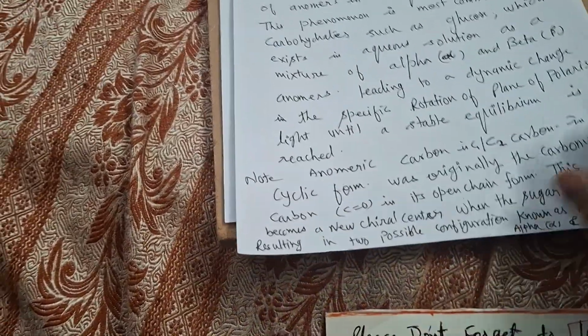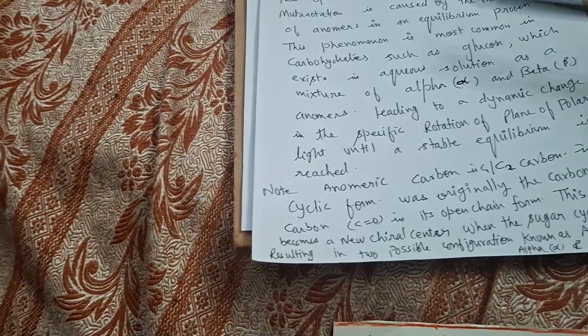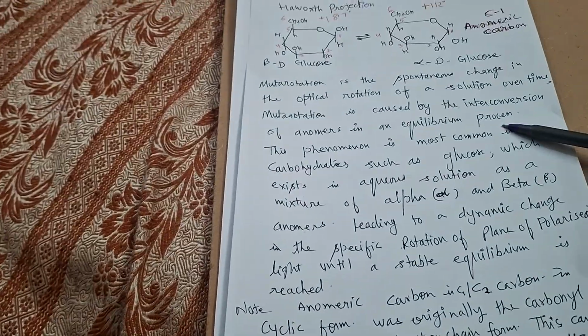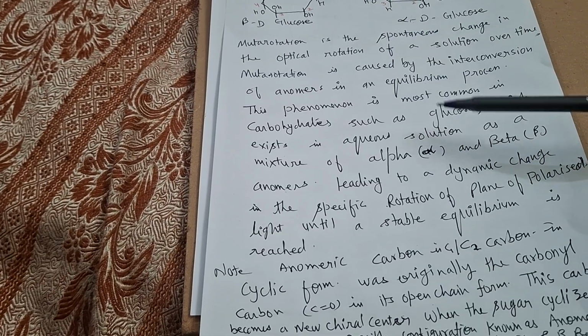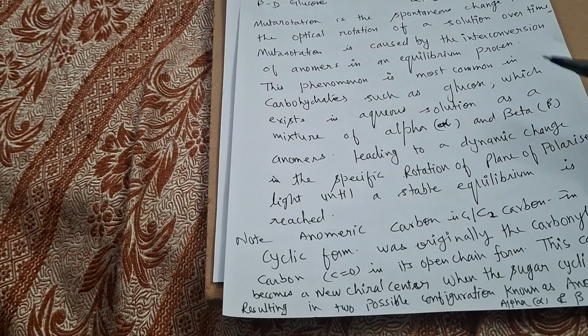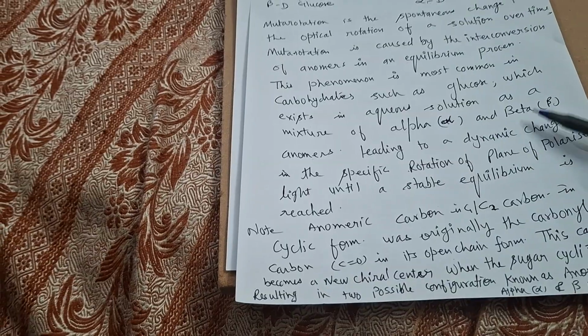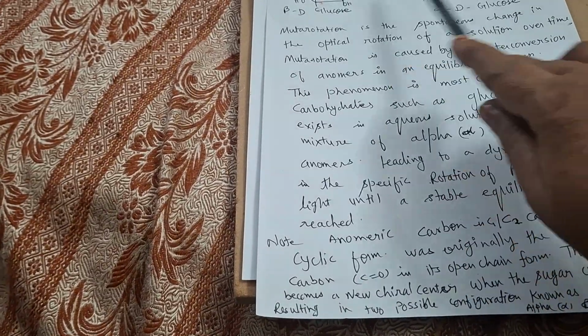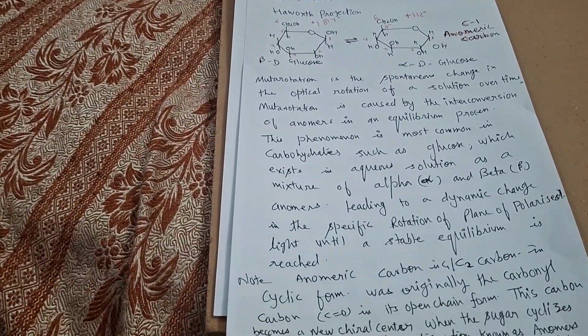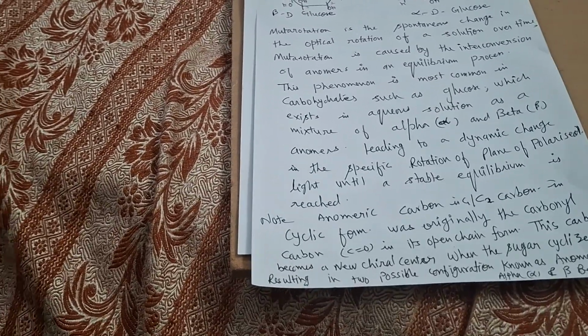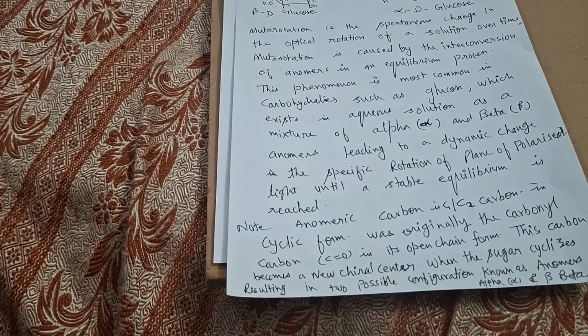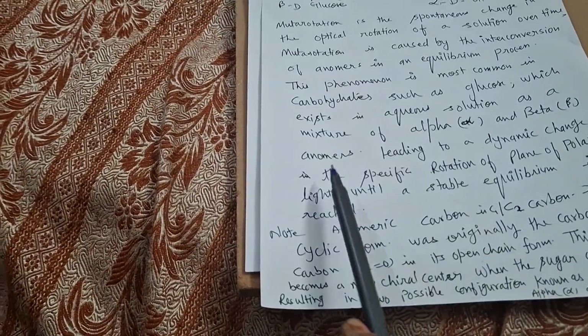Okay, now mutarotation is caused by the interconversion of anomers in the equilibrium process, and this phenomenon is most common in carbohydrates such as glucose, which exists in aqueous solution as a mixture of alpha and beta glucose anomers. See, alpha and beta glucose both are present in aqueous medium along with the open chain. So in equilibrium the alpha and beta forms are existing in the solution.